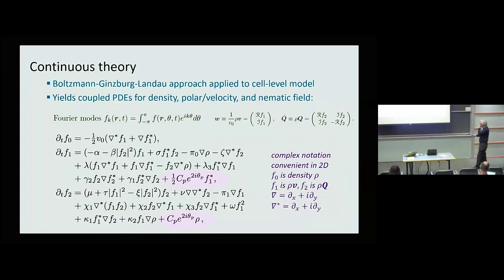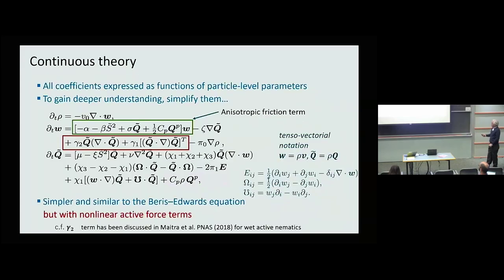But this is not so easy to understand, so we rewrite this Fourier mode into vector-tensor form. Then it looks very much like the Beris-Edwards equation, which is used for active nematic theory using liquid crystal theory. The largest difference is this nonlinear active force term.